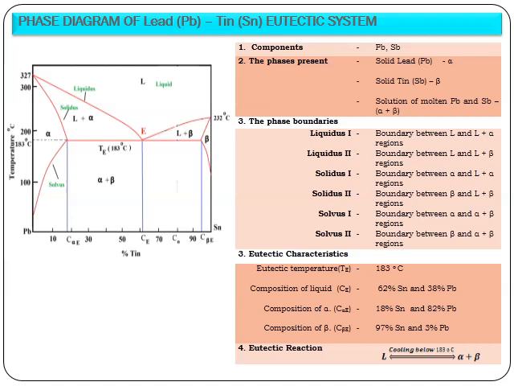If we go to the left extreme, as we see the increase of presence of tin in the alloy system, the melting point of the alloy keeps on reducing, and as we go into the right extreme, the presence of lead will increase the melting point of the alloy system.